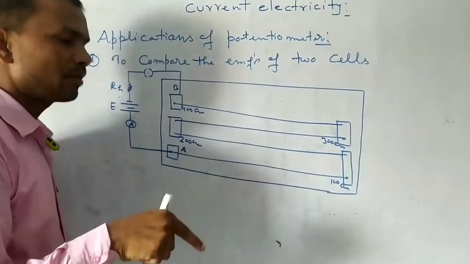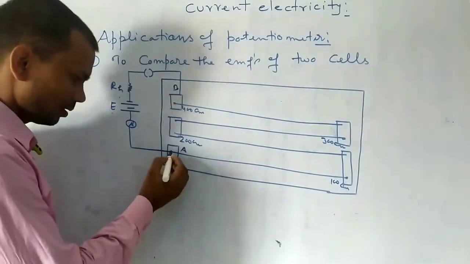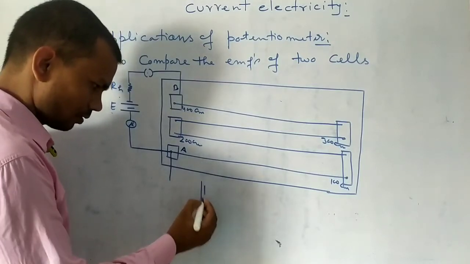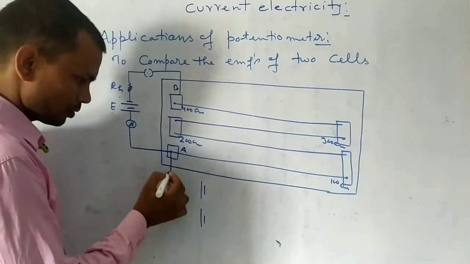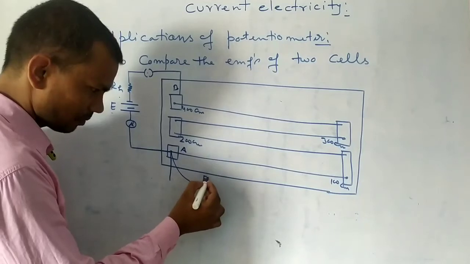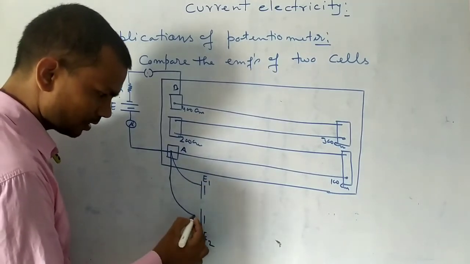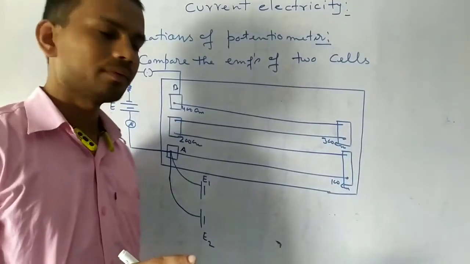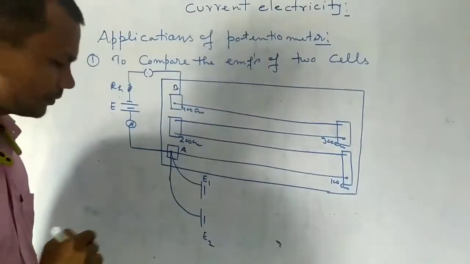The positive terminals of both cells are connected to point A, means the positive terminal of this auxiliary battery, right?